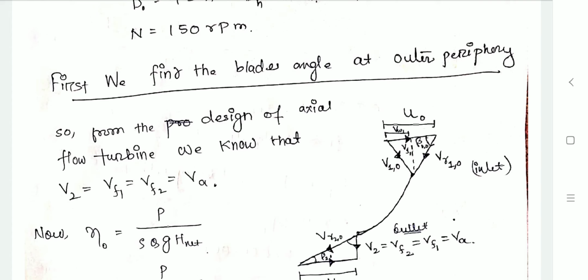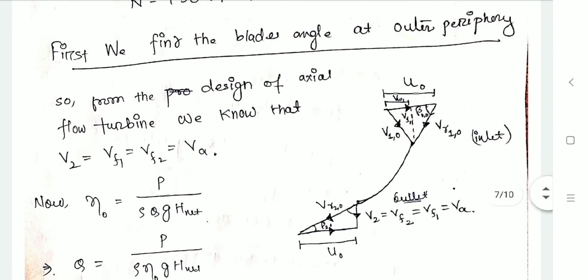So the fluid enters at the inlet of the blade at the outer periphery. We draw the inlet and outlet triangles for that fluid at the outer periphery.